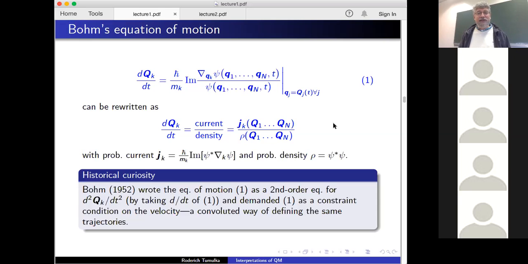And then he demanded that, in addition, equation 1 is satisfied as a constraint condition on the velocities of the particles. Okay, so when you look into the literature, in particular into Bohm's own papers, you may see this strange way of formulating the equation of motion. It's a kind of more complicated way of saying a simple thing. That's why I'm saying it in a more simple way. I wrote it down in the form that you see here in equation 1.